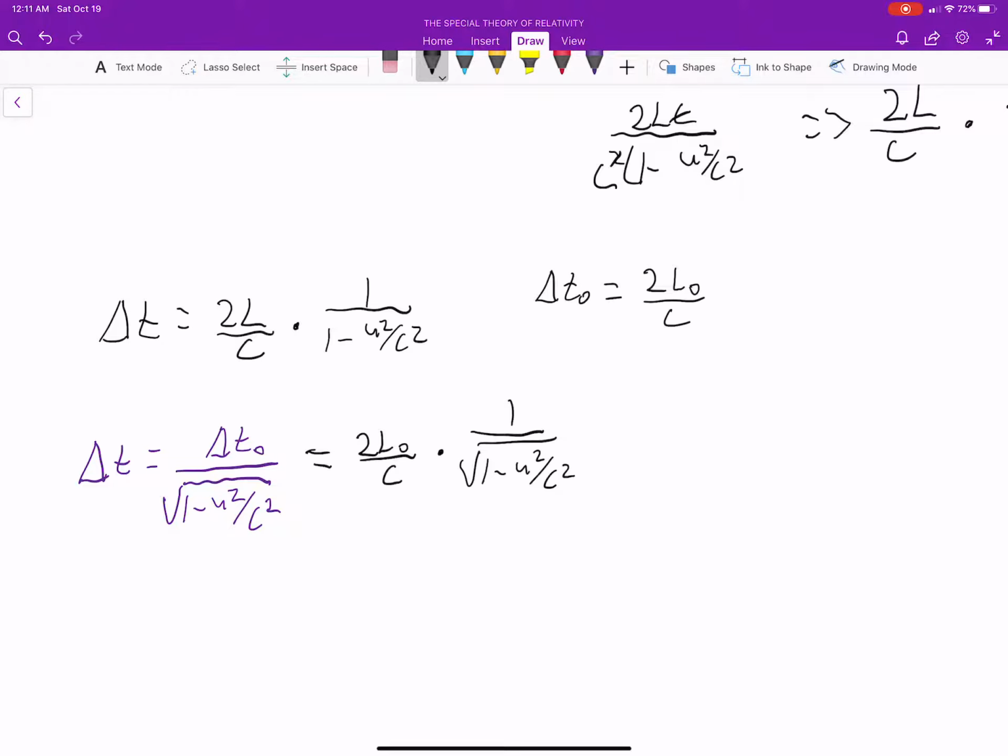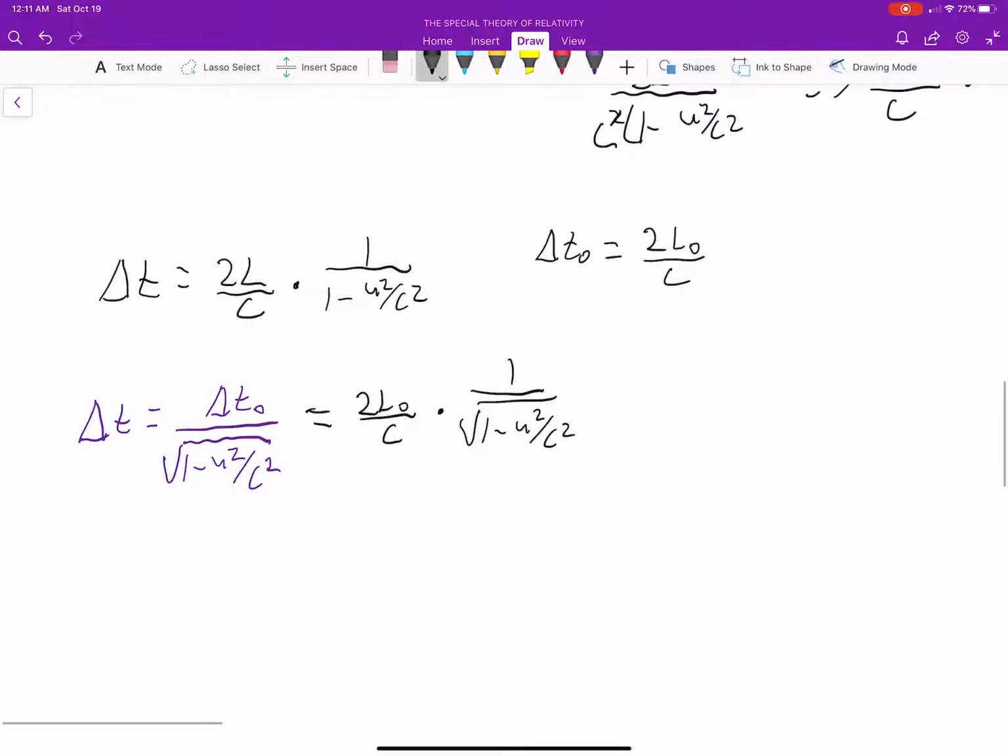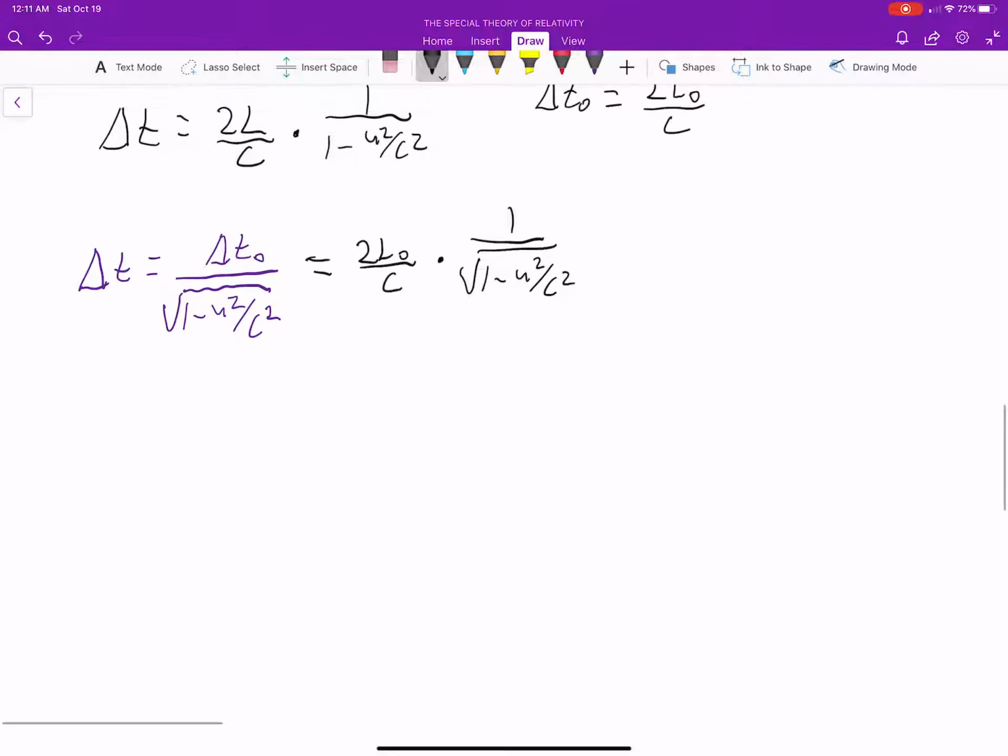So hopefully you guys remember that. If not, you can just go check it out and you'll be all right. Okay, so we should be able to set these equal to each other, namely this part and this part.